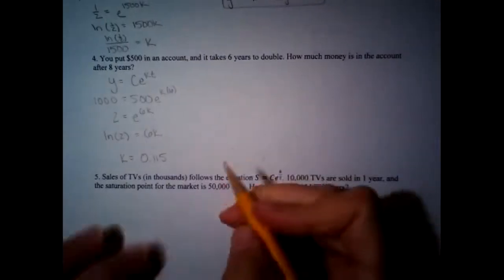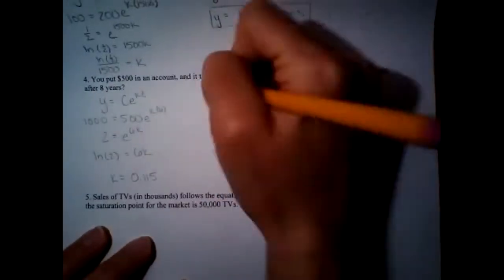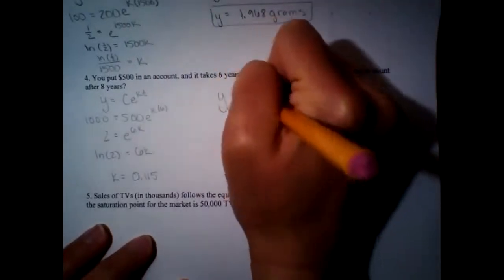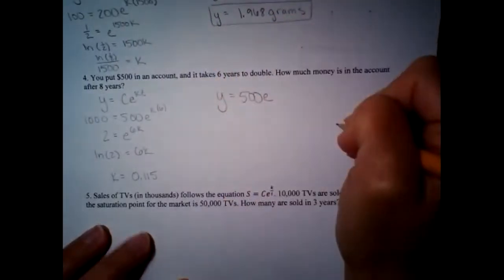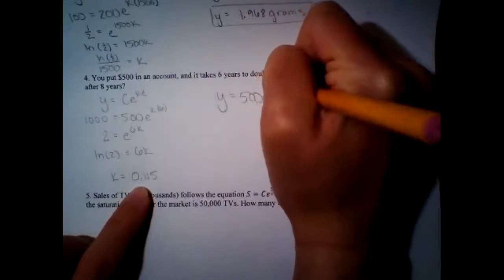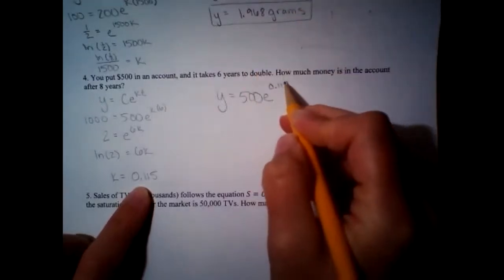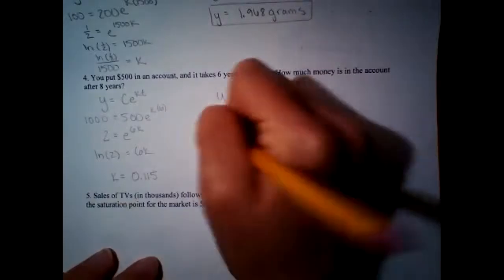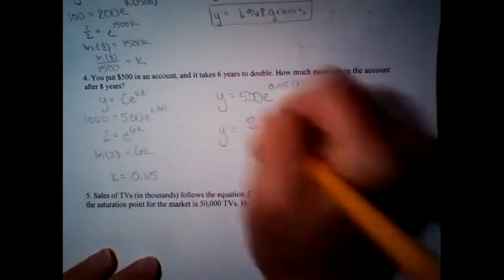All right, so anyway, we want to find out how much money is in the account after 8 years. So we started with 500 times e to the power 0.115, but I'm going to use the stored value, times 8, plugging in 8 years. Now your units for this are money, so put your dollar signs there.